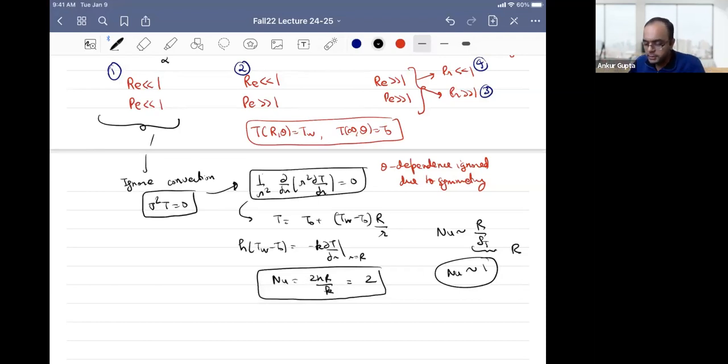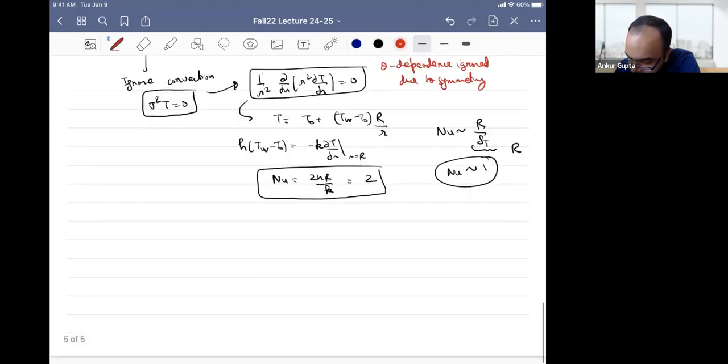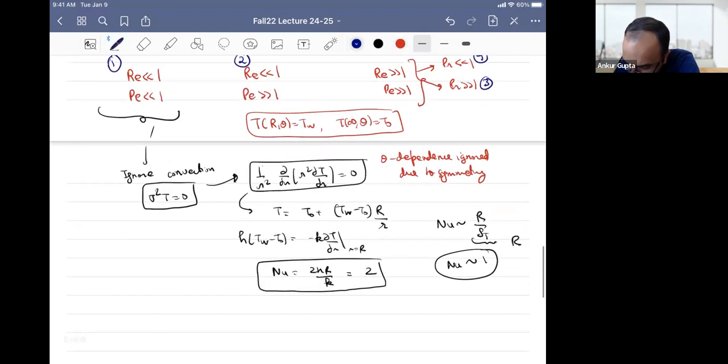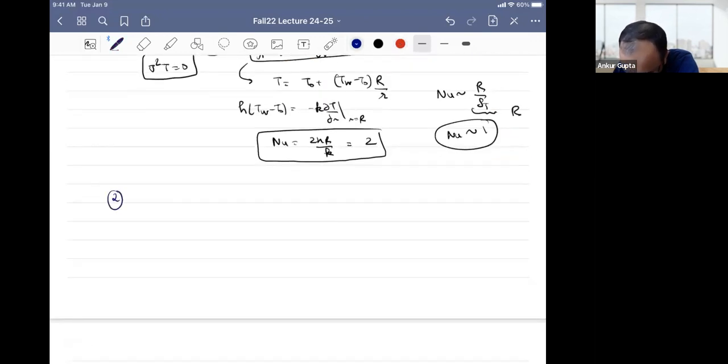All good. Okay. So now let's look at the second limit, which is Reynolds number small and Peclet number large. So in this problem, what do you think? What should I do if my Peclet number is large?